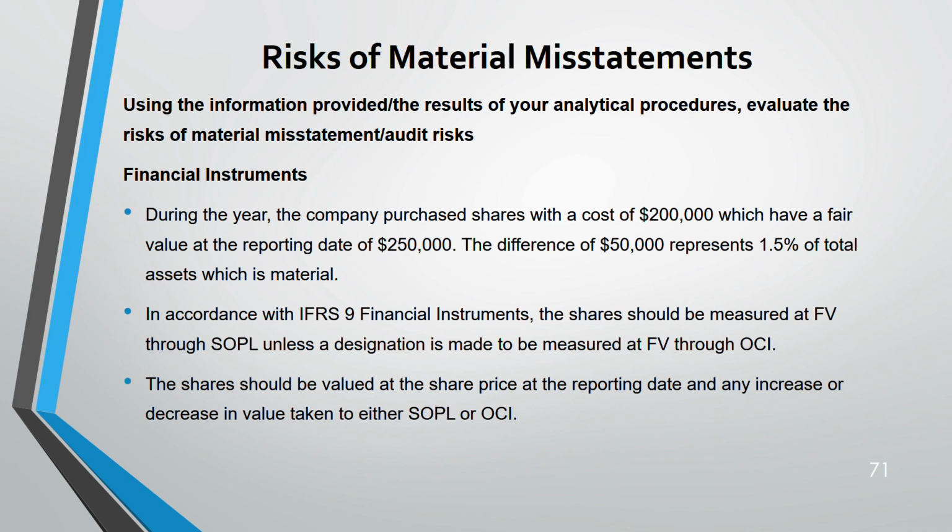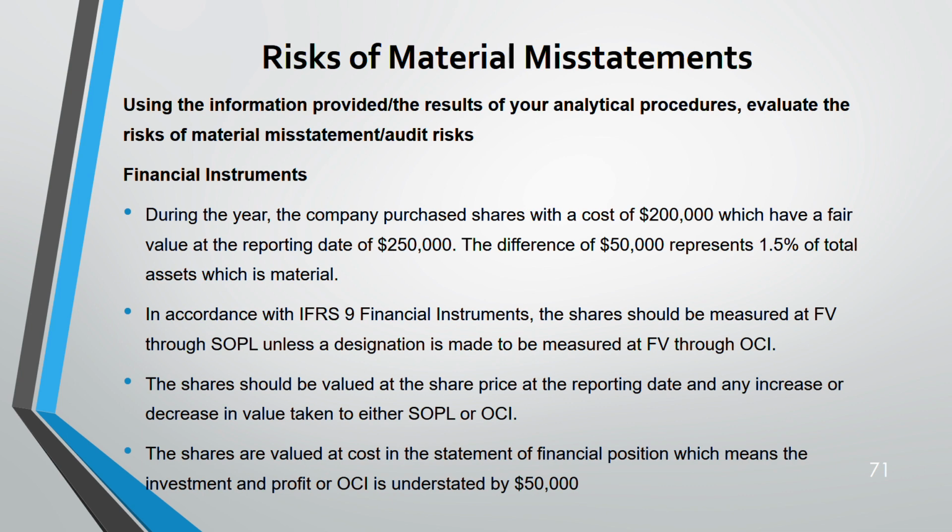So any increase or decrease in the value will go to profit and loss only when you're measuring the shares at the reporting date. Okay, and shares that are valued at cost in the statement of financial position means both your investment and profit are understated, because you have not recognized the 50,000 in your investment or profit. So it's understated by 50,000.